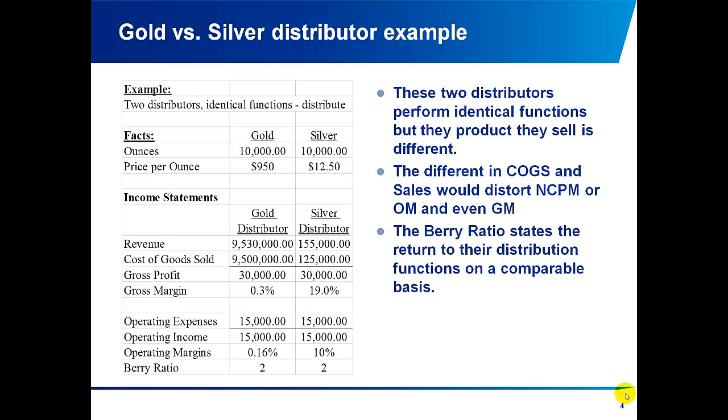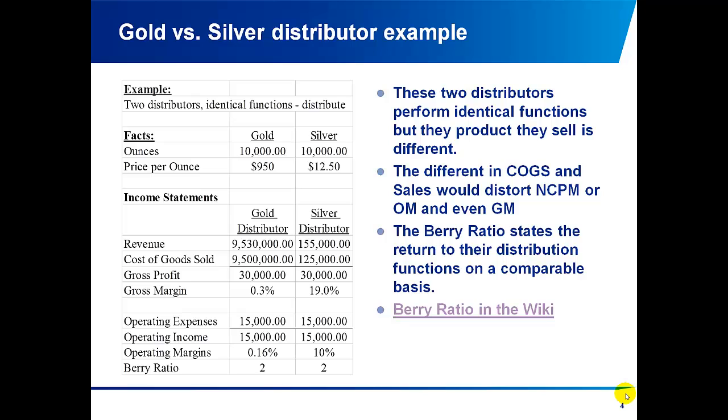But had we used other profit level indicators, such as, say, the operating margin, you can see that the silver distributor has an operating margin of 10%, while the gold distributor has an operating margin of 0.16%. If these were a tested party and a comparable, we'd draw the wrong conclusions if we were looking at these operating margins, but on a Berry ratio basis, we'll draw the right conclusion.